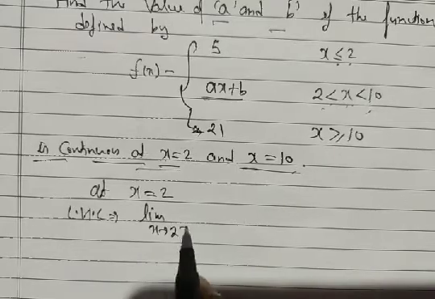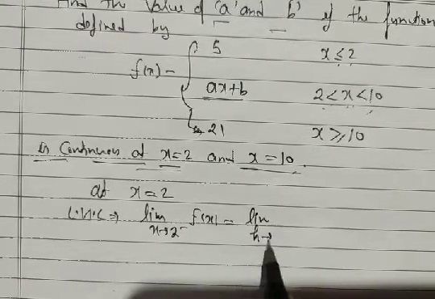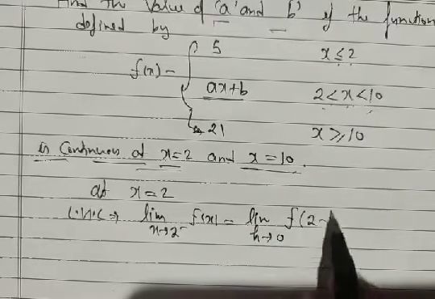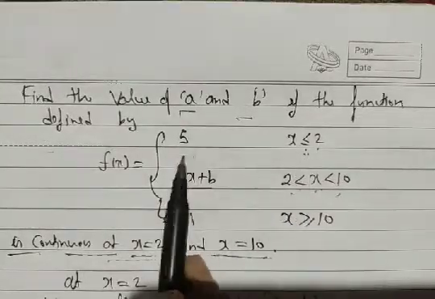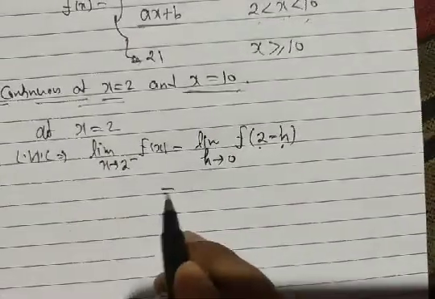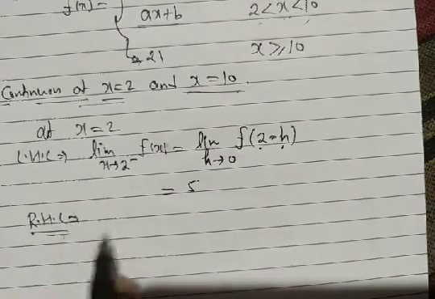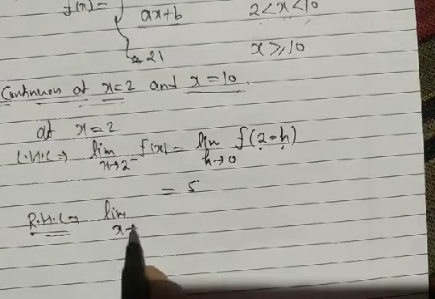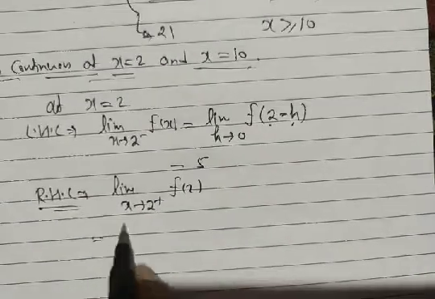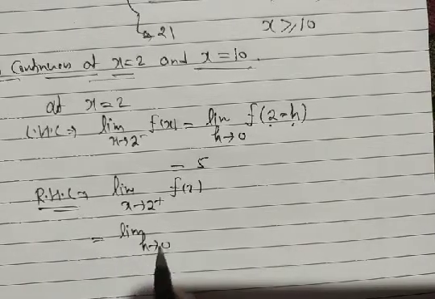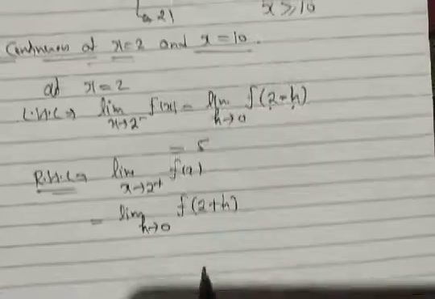We are going to find the left hand limit, x tends to 2 minus f(x), limit h tends to 0, f of 2 minus h. Then our point is less than 2, so it is defined as 5, so its value is 5. Now we are going to find our right hand limit, x tends to 2 plus f(x), limit h tends to 0, f of 2 plus h.